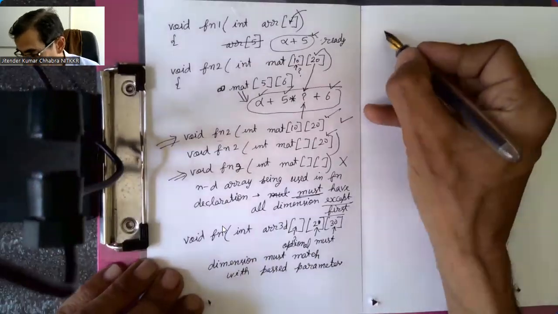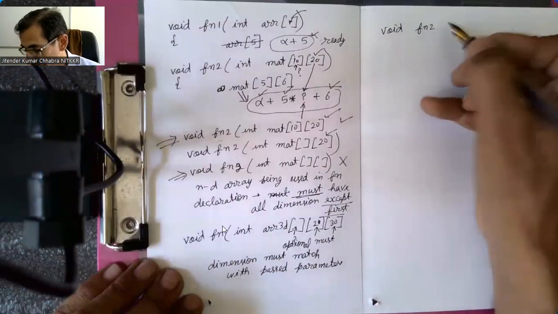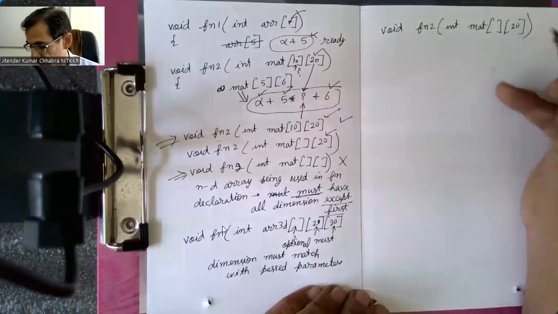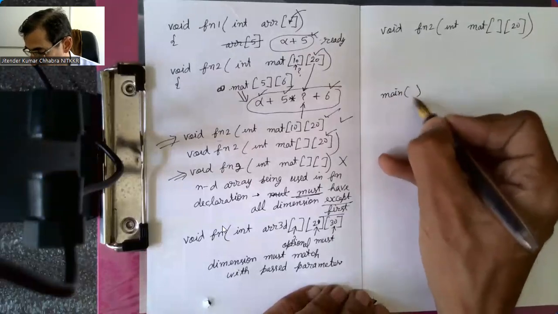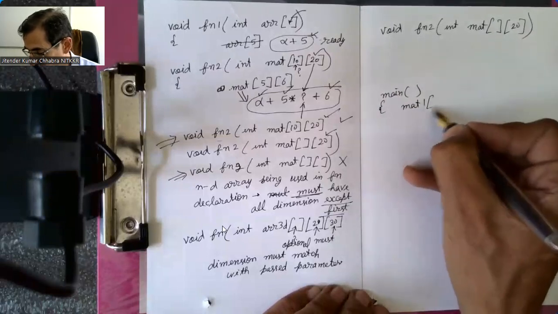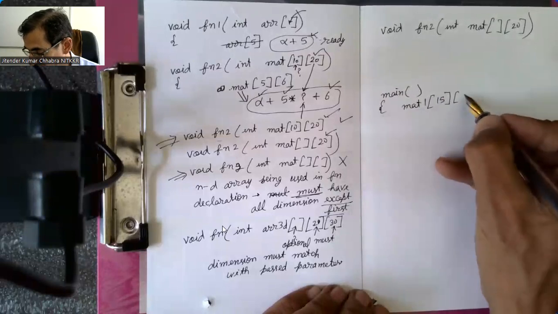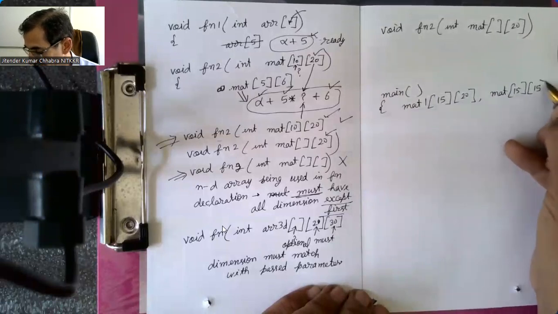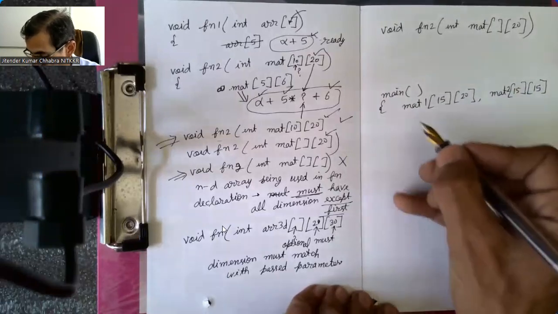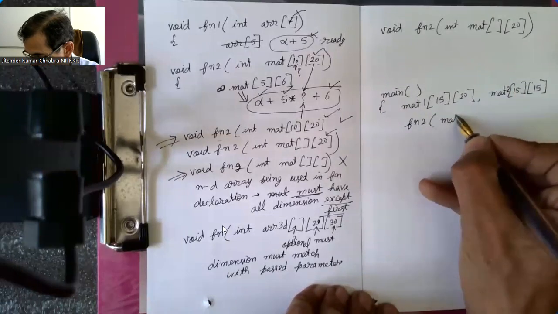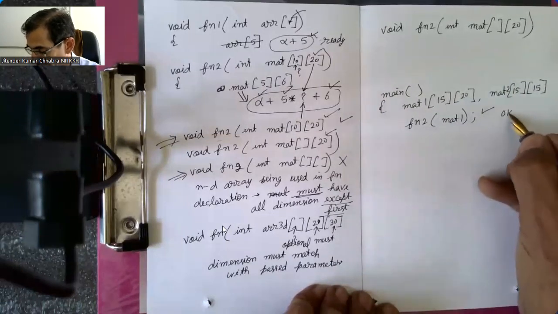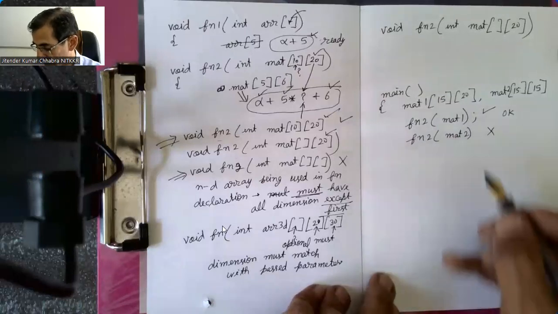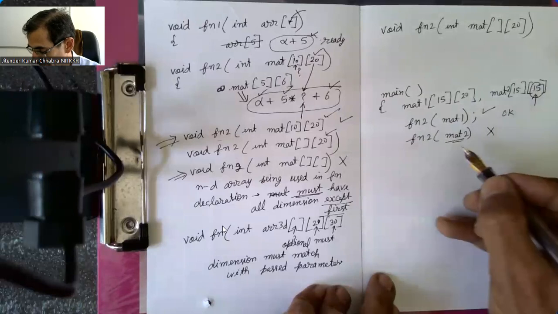If you have declared function fn2 with a matrix of size, let's say, something by 20, and from main you have some variable mat1 of size 15 into 20, and another, mat2, being 15 by 15, then fn2 being passed mat1 is okay, but fn2 being passed mat2 will be incorrect, because mat2's internal dimension is 15.